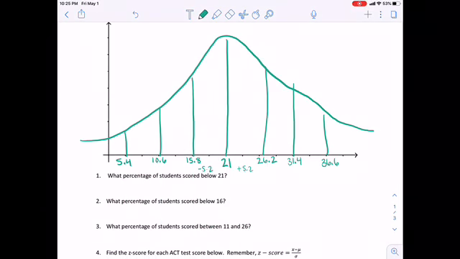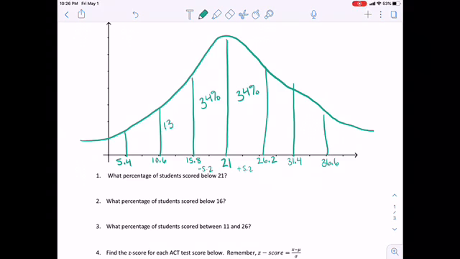Now once I have that normal curve drawn, I can go ahead and fill in the percentages. And remember, we learned on our last assignment that if something is normally distributed, the percentages will always be the same. So that means that we know that 34% of our data falls in here, and 34% of it is right here.